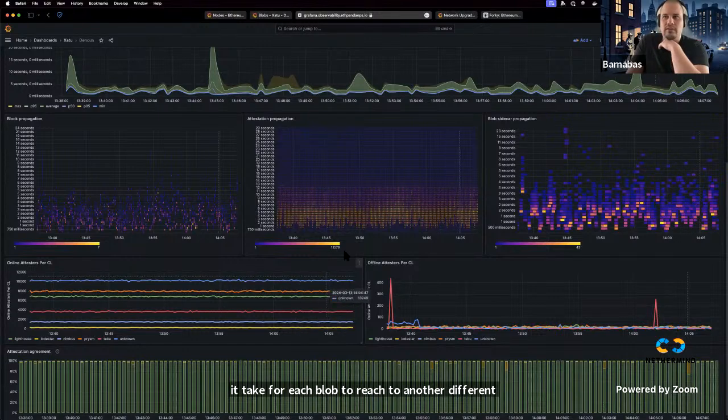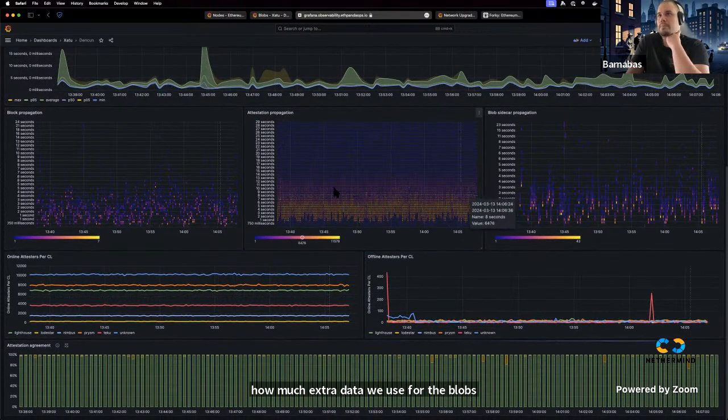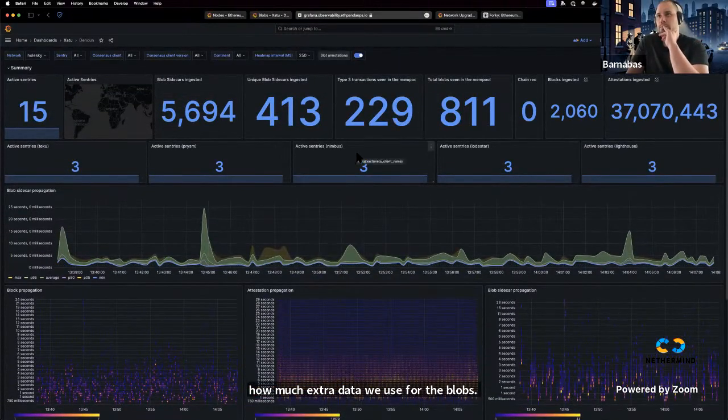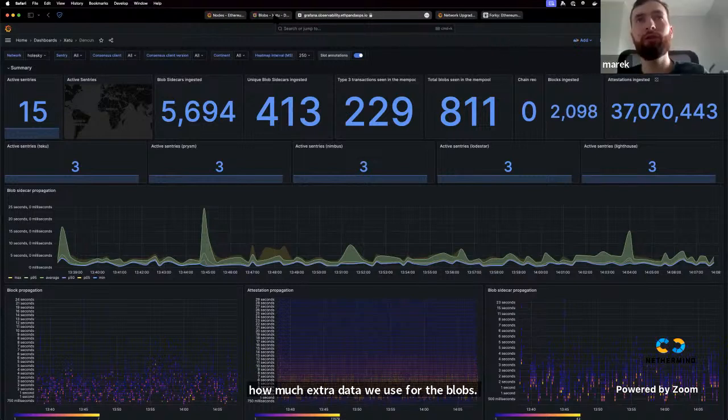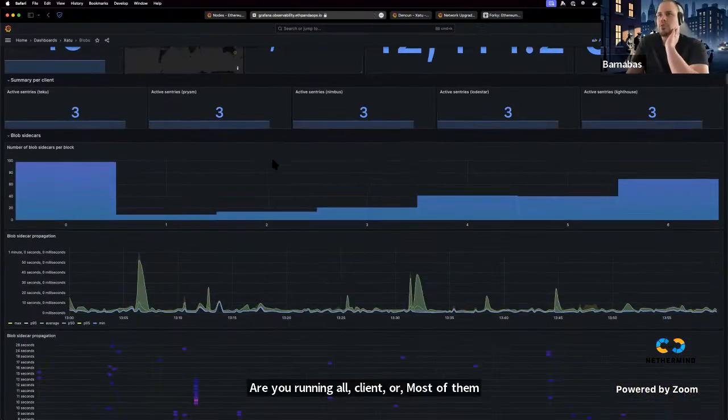But I don't think we have different metrics just for how much extra data we use for the blobs. Are you running all client pairs or most of them? We're running most of them. I don't think we have all the pairs for mainnet, but we have a good mix.